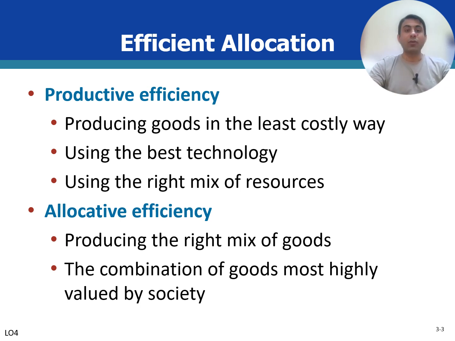Allocative efficiency, on the other hand, ensures that resources are allocated in such a way that the combination of goods and services produced maximizes societal welfare. This involves producing the right mix of goods and services that are most desired and valued by consumers.